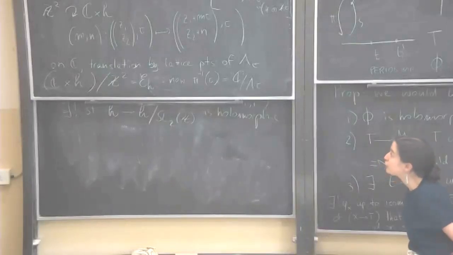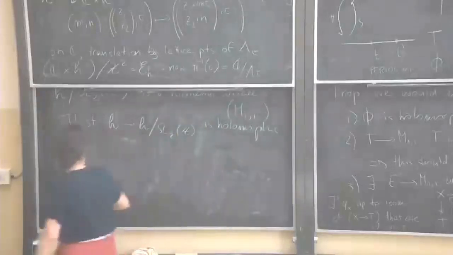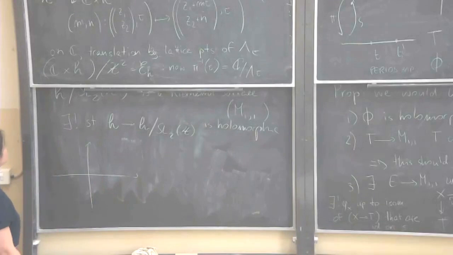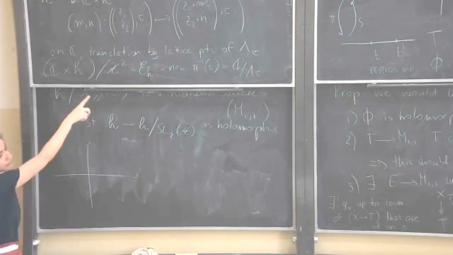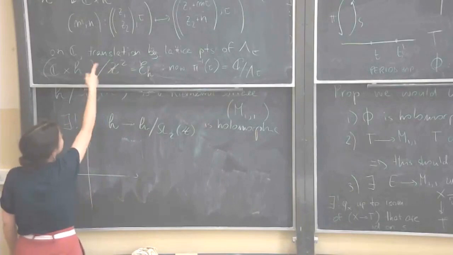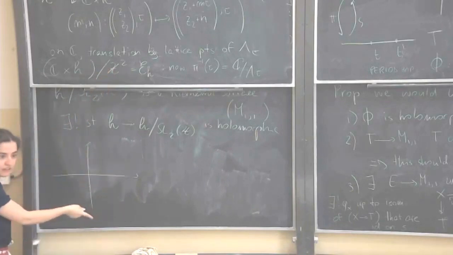Well, actually, it doesn't matter. So you have your C. What you want to do is to find our lambda tau, basically, and we have our tau. So Z1, Z2 is actually any point of C in the standard basis.